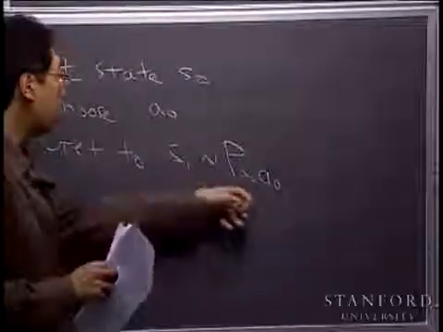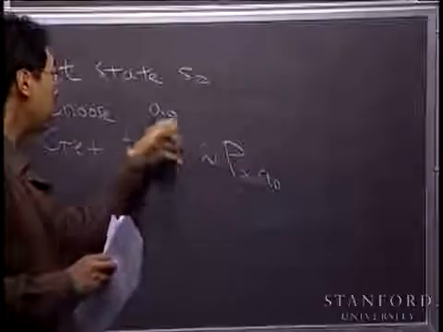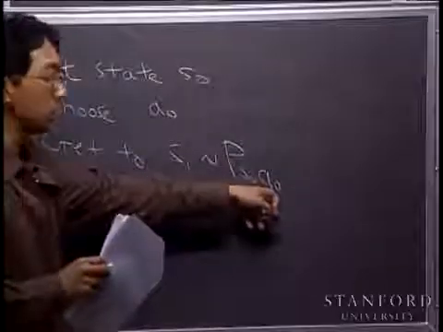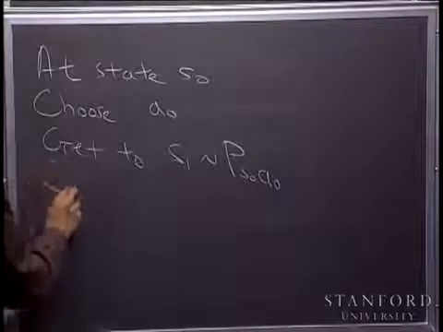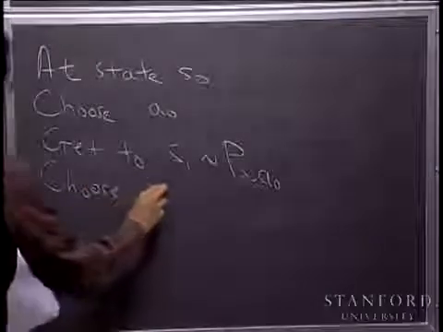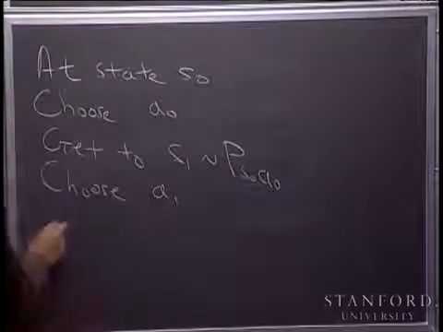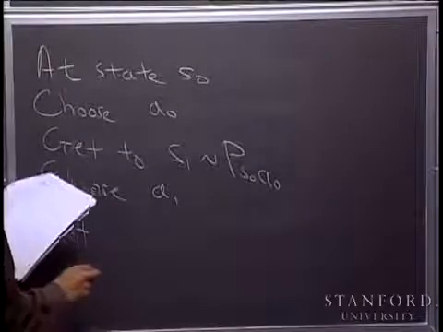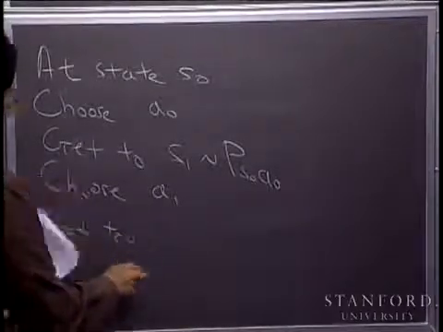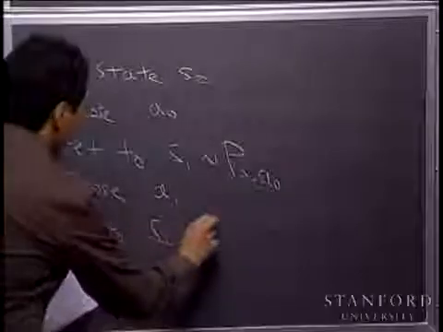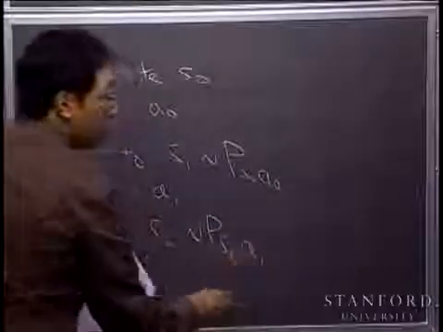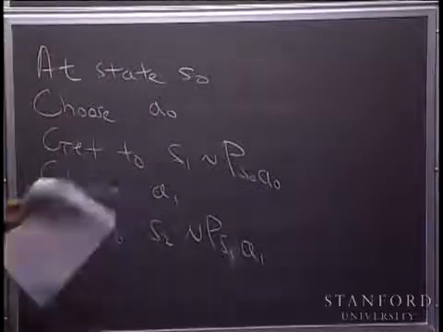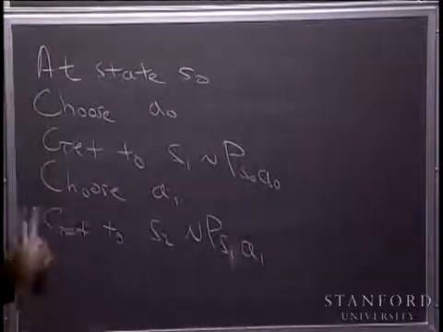So this next state you get to depends in a probabilistic way on the previous state and the action you just took. After you get to the state S1, you get to choose a new action, A1, and then as a result of that, you get to some new state S2, drawn randomly from the state transition distributions, and so on.